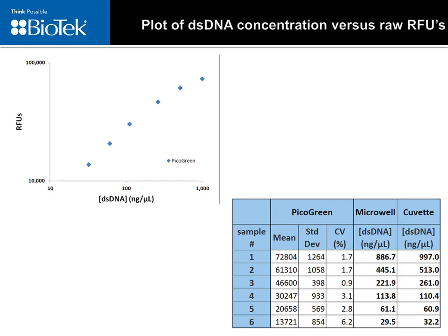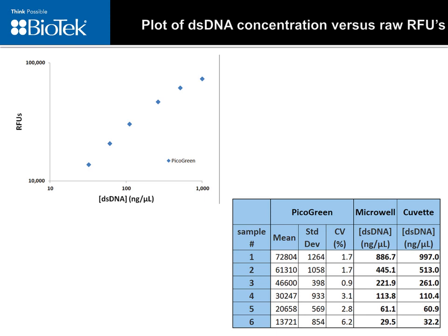Accurate estimation of the concentration based on the PicoGreen dye is shown in the upper left-hand corner, where we've plotted concentration versus RFUs. And if we look at the table, we can see a comparison of those concentrations to those taken in a microwell or a cuvette.